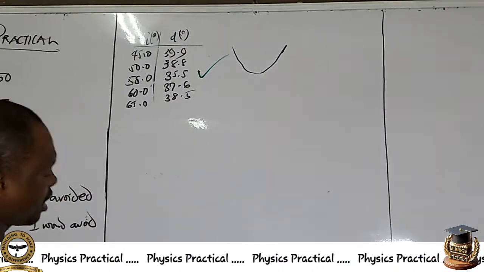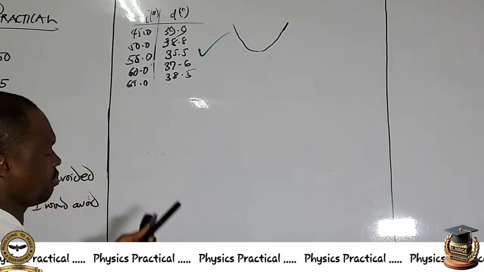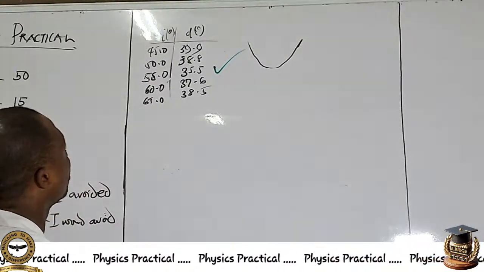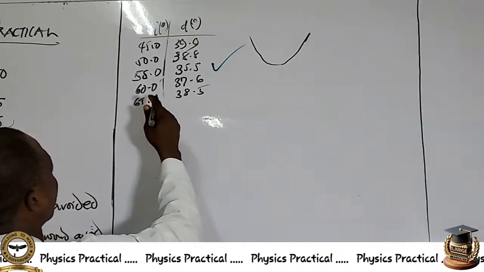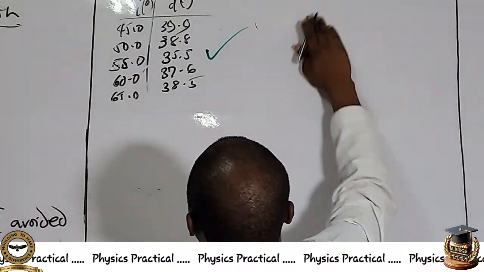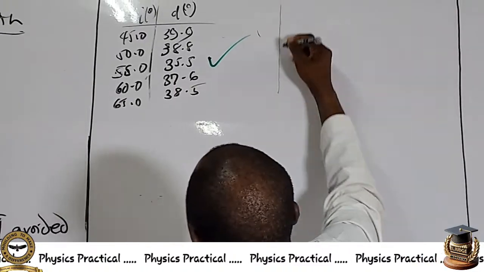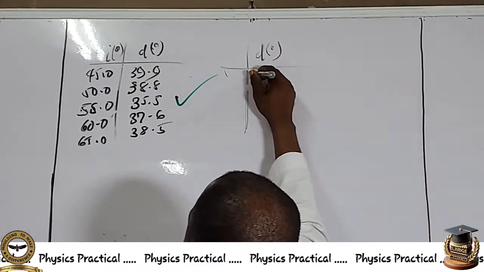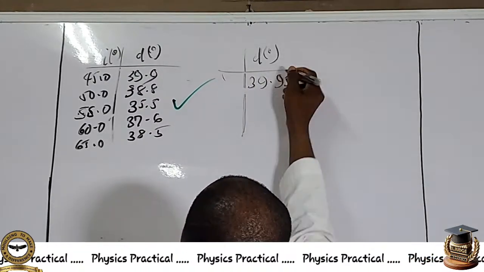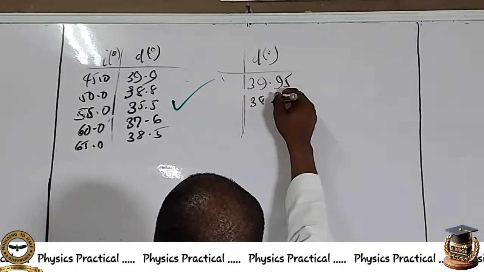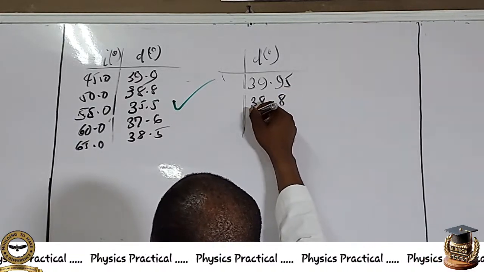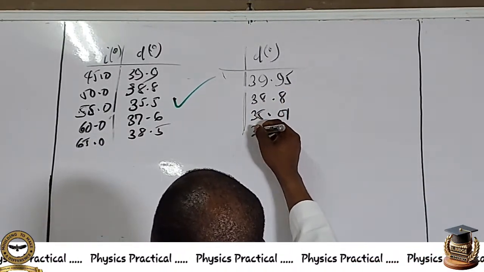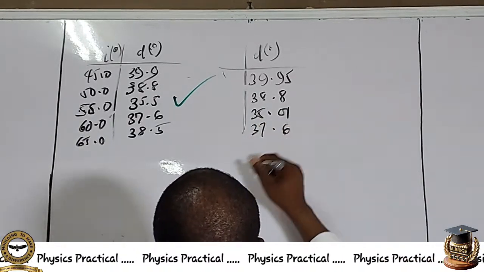Now let's look at a situation with this same result. Let me just take the D part because of time. So this is the D part. I wrote 39.95 here, then I wrote 38.8 here, I wrote 35.01, I wrote 37.6.